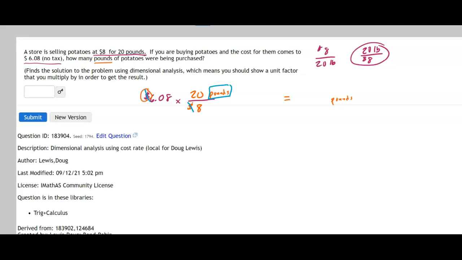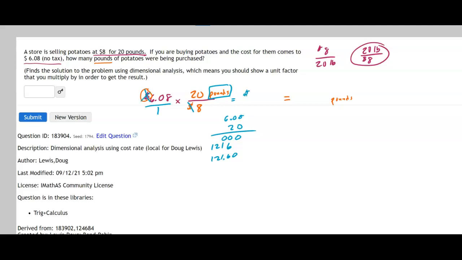So we're going to take 6.08. You can put that over 1 if that makes you feel more comfortable using fractions. 6.08 times 20 gives us 121.60.